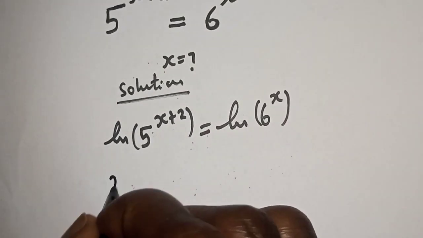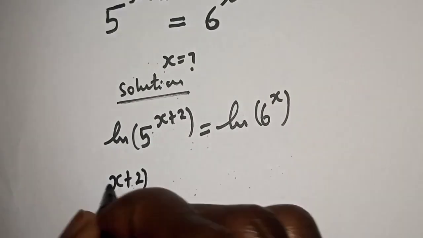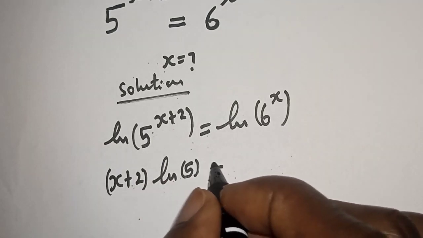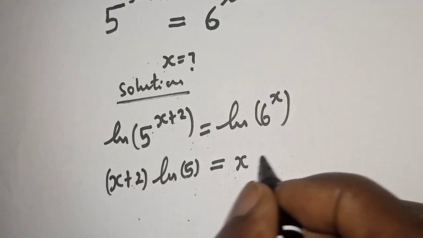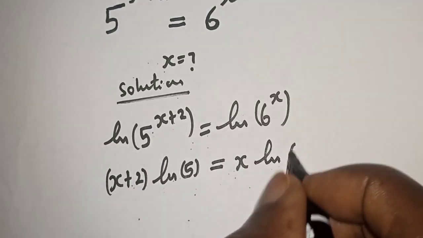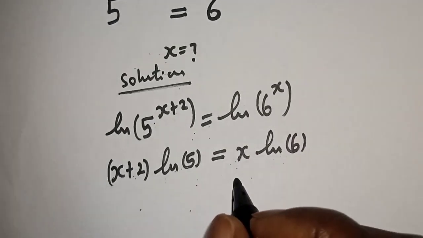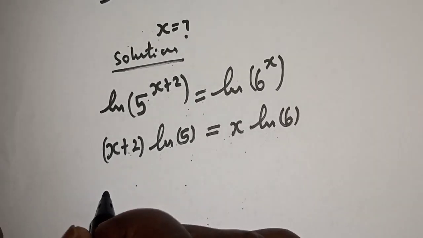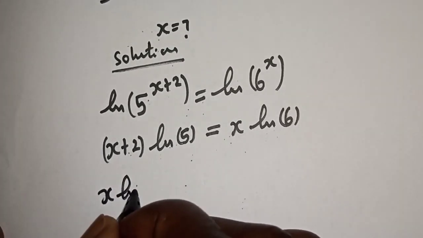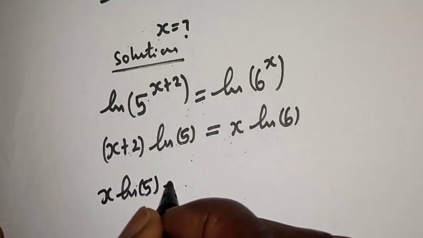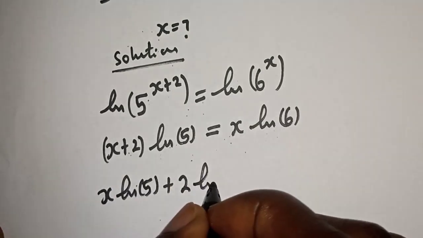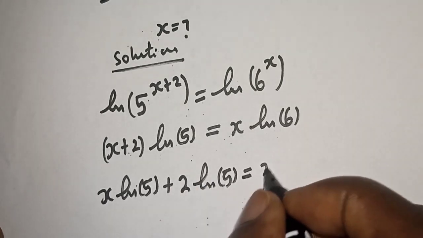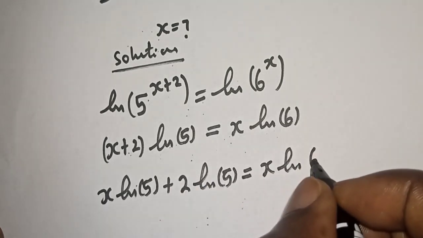and this is x plus 2 natural log of 5 is equal to x natural log of 6. Now let's open the bracket with this ln of 5, that is x natural log of 5 plus 2 natural log of 5 is equal to x natural log of 6.